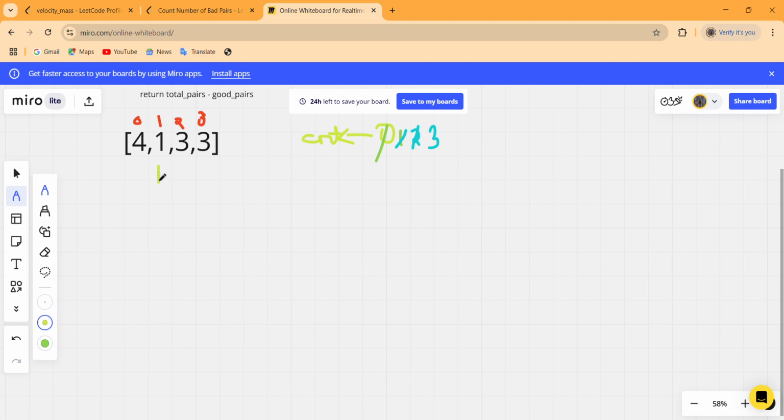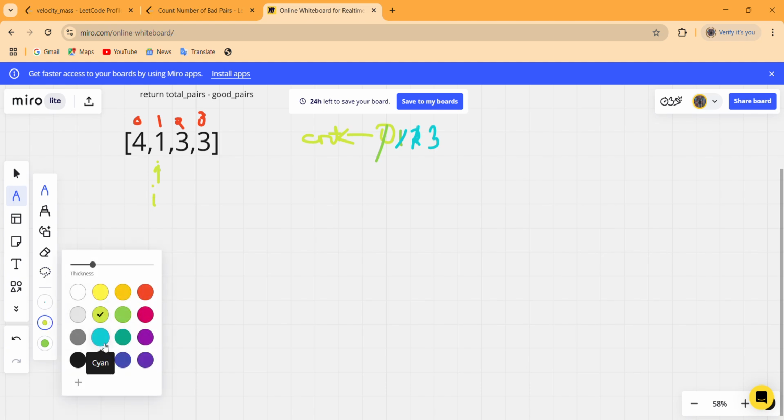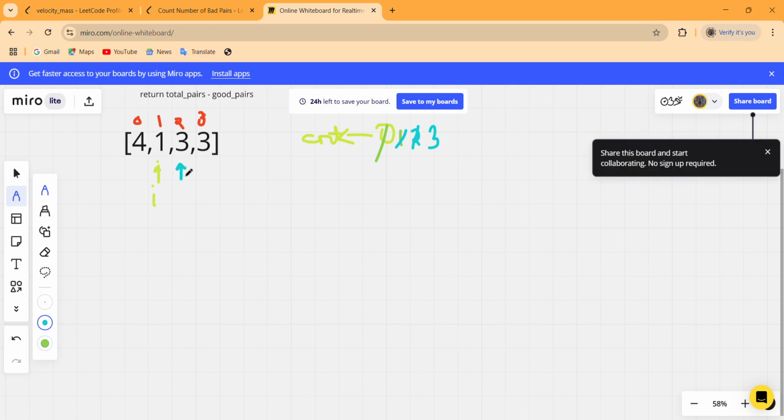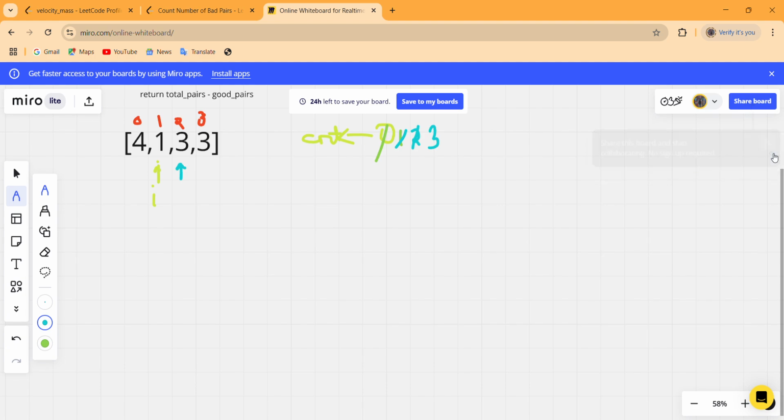And for every i, our next j will start from i plus 1, so our j will now point to this. For this j, the indices difference is 2 minus 1, that is 1.